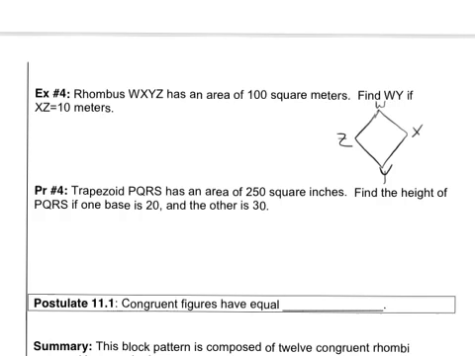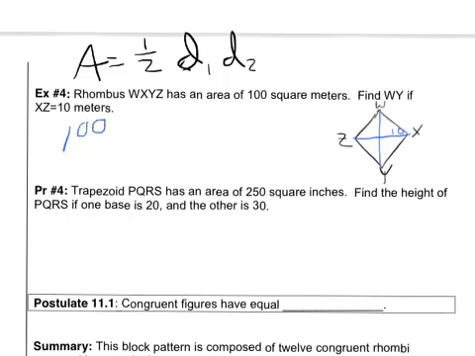Well, I know that XZ here is 10, and they want me to find WY. Well, I also know the area is 100 square meters, and I know the area of a rhombus is 1/2 d1 times d2, and this area happens to be 100 equals 1/2 times my d1, we'll say is 10, and we'll say d2 is WY, what I'm trying to find, okay?